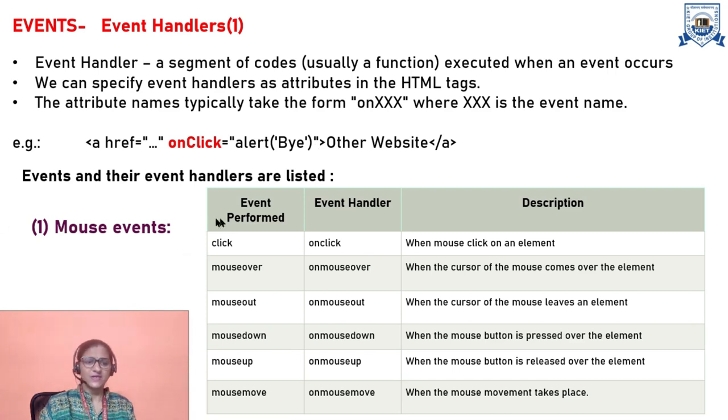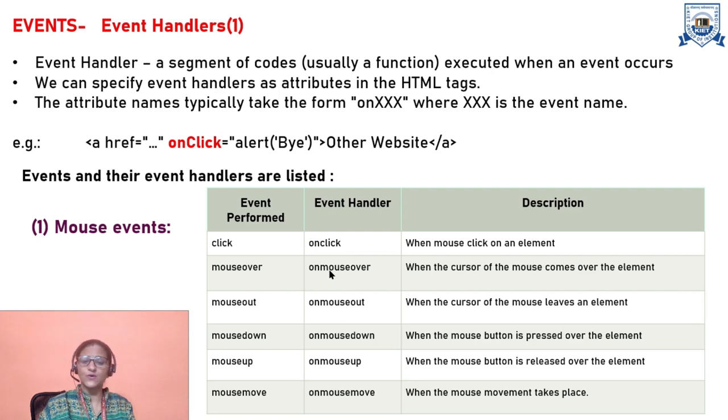The different events are associated with different devices. For example, the events and event handlers associated with the mouse. The event performed on a click of the mouse is click, and the event handler is onclick, meaning when the mouse is clicked on an element.